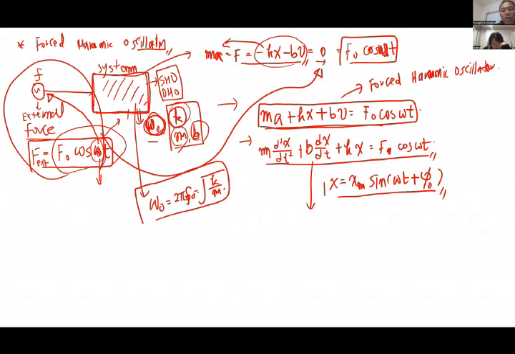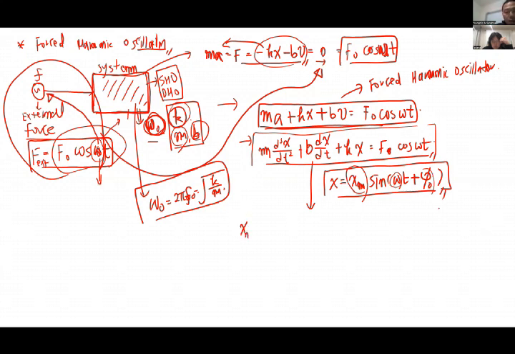So let's plug this simple solution format of this forced harmonic oscillator back into this formula, so you can find the relationship between x maximum amplitude and omega and pi naught.